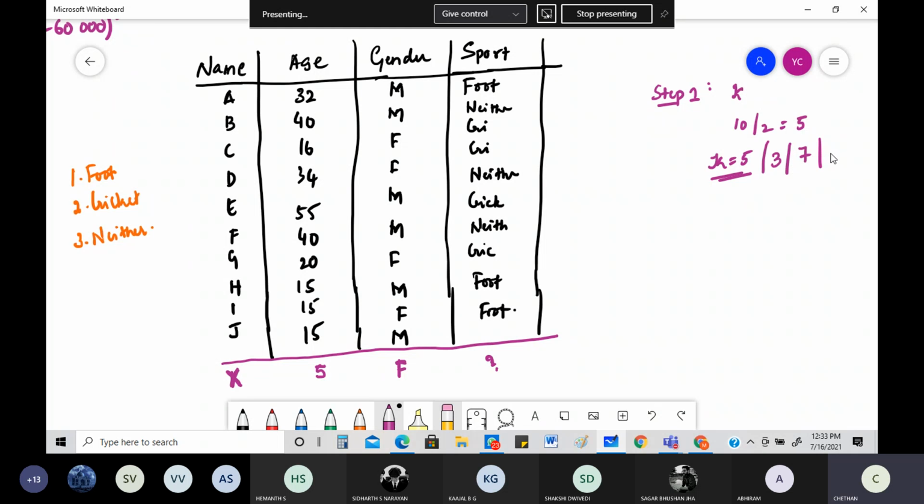Don't choose 1, that's being stupid. Don't choose 9 because you're taking almost the whole data as K. So you have to go somewhere between. The midpoint is always 5. 5 will give you a very good picture of what is going to happen. So the assumption of K is done. We still haven't decided. We can choose 5, 3, 7, anything.